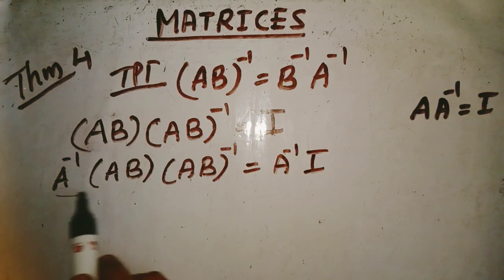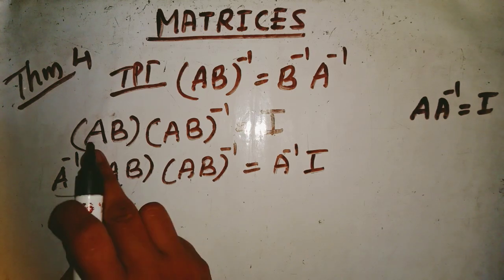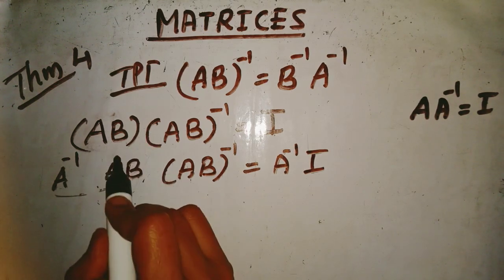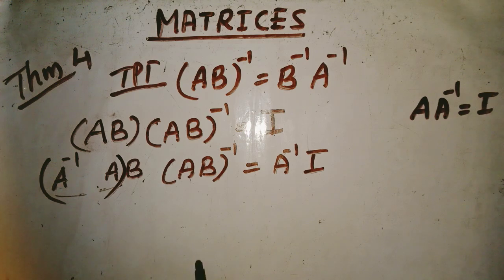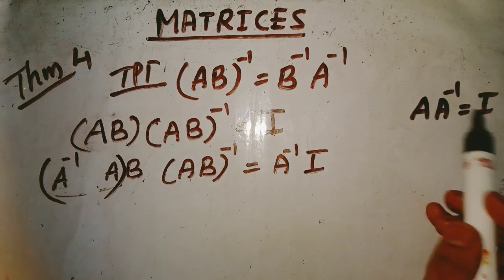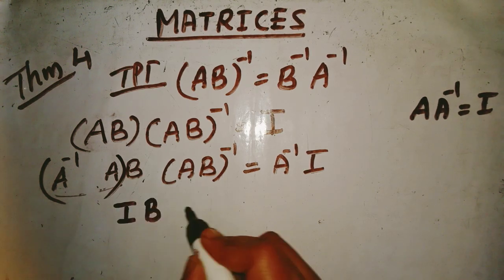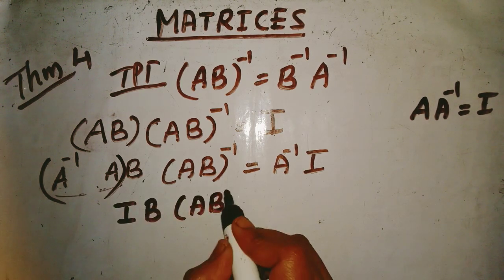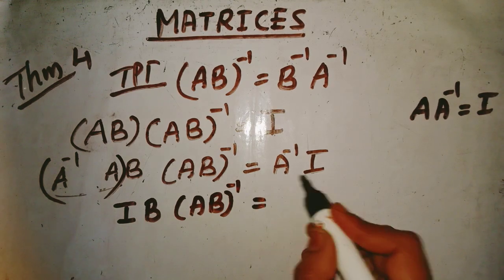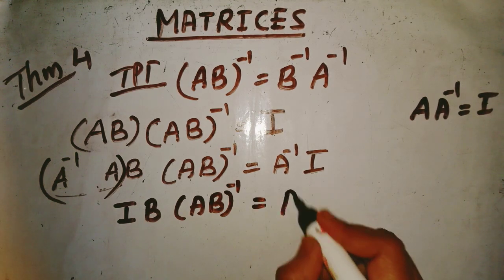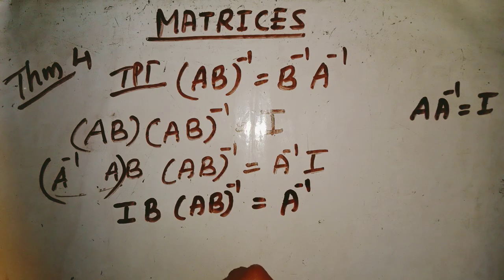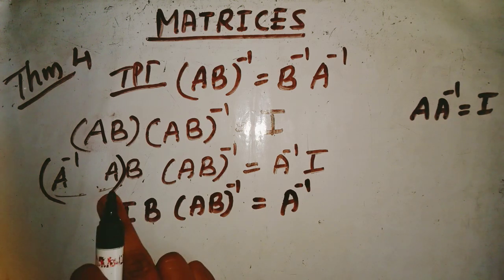Now take this product together, A inverse A. We know that it is the identity matrix, so this will be I, B, (AB) inverse, and A inverse I is again A inverse, right? Now I into B means you are taking the identity matrix and a matrix, so you will get the product as B.